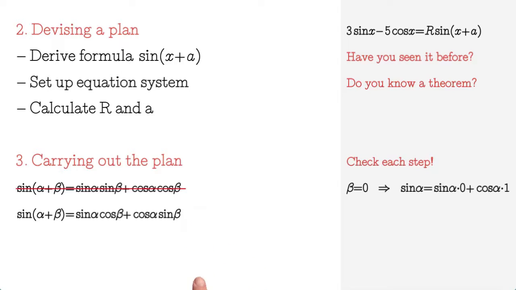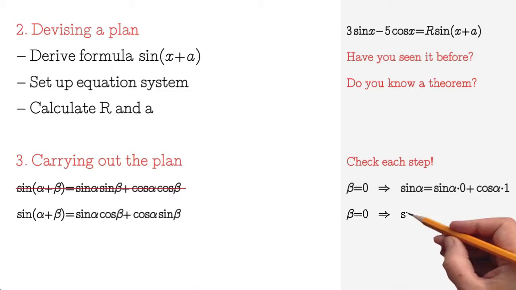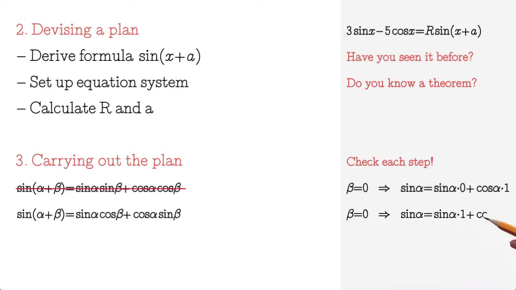If we set beta equals 0, we get the following equation. That would mean that sine alpha equals sine alpha, which is correct. So it seems that this formula is the one we are after.